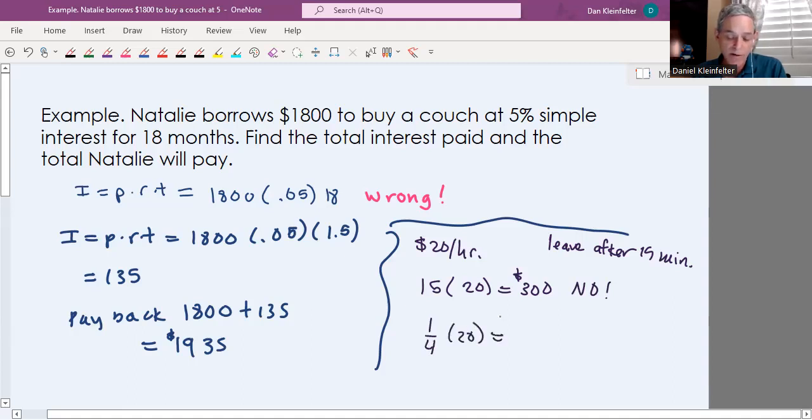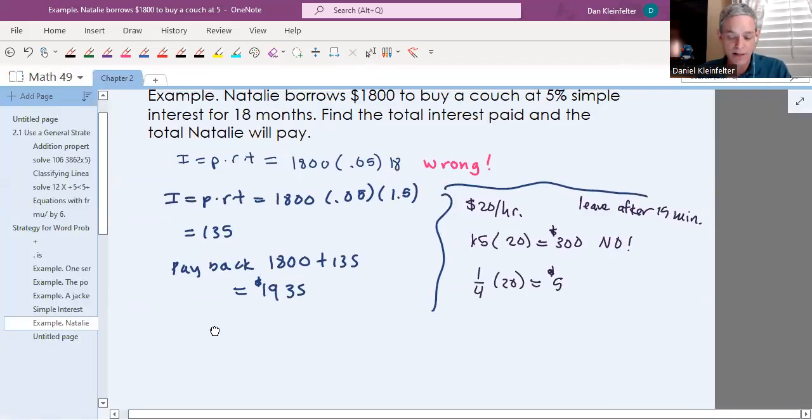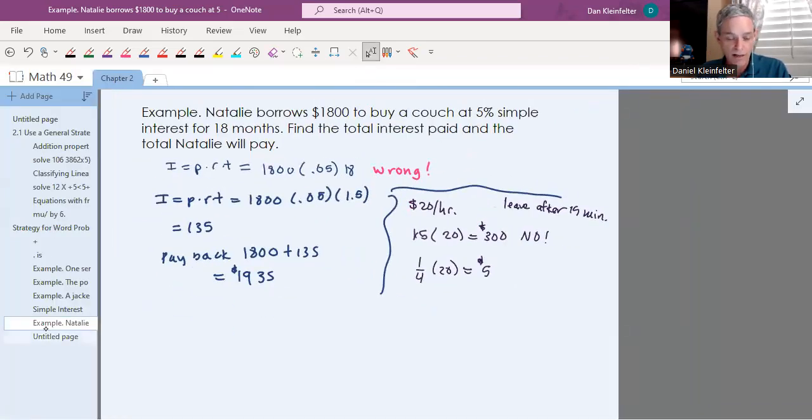And so thinking it through, it should make sense that, well, you're only going to make $5 for that 15 minutes based on working for $20 an hour. So again, the time units need to match. If you have $20 per hour, then what you're multiplying by needs to be in hours. That's what happened here in this example involving Natalie, is her 5% per year, we needed to multiply by years, not by 18 months. Okay, so again, make sure that the time units match on your calculations.